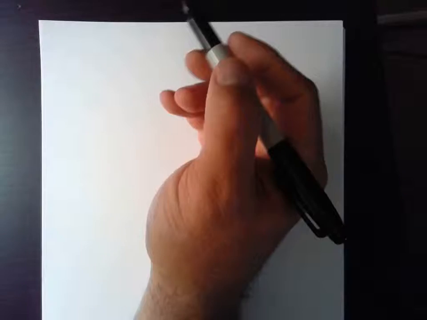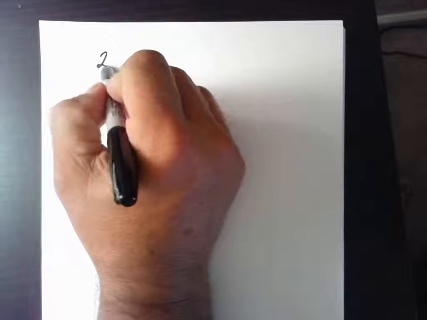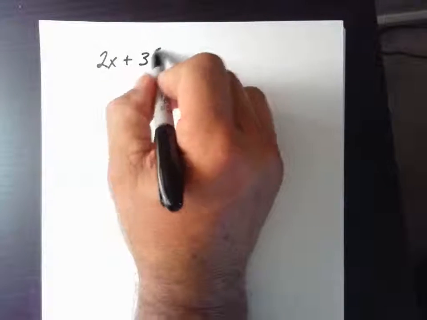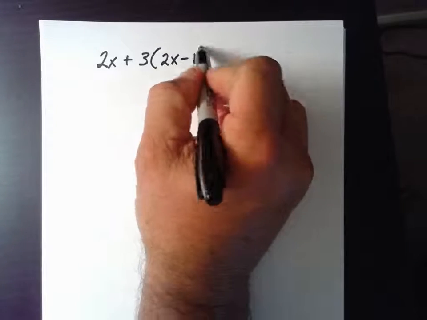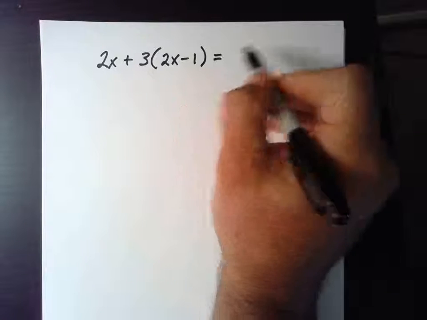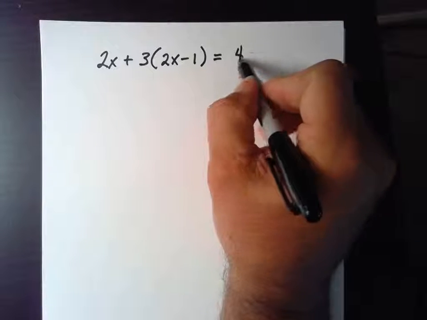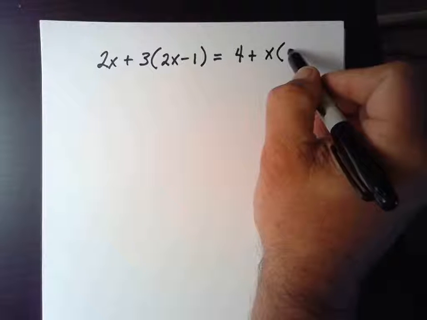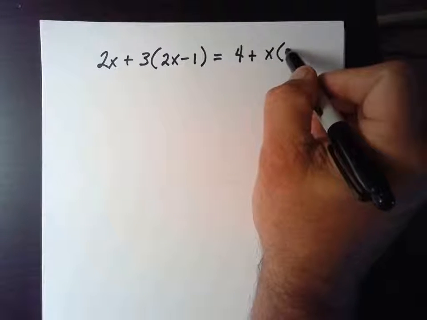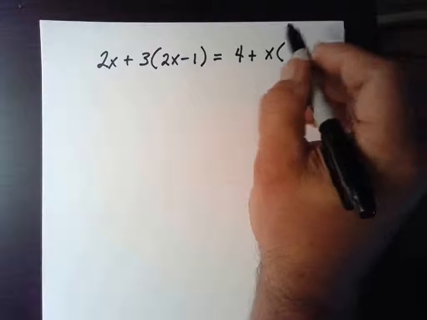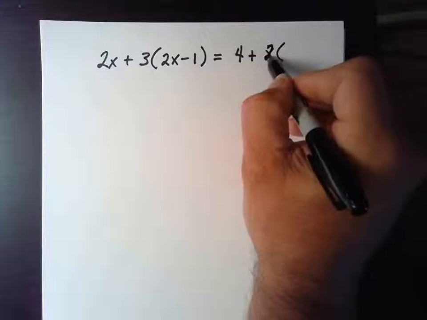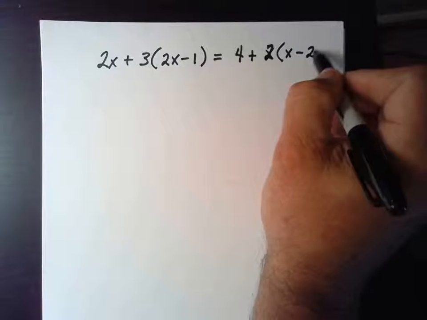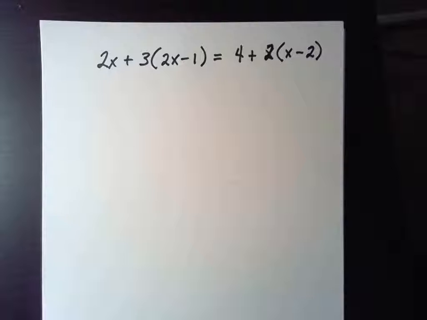Let's say that we have the following. 2x plus 3 times 2x minus 1 is equal to 4 plus x times 2 times x minus 2, and we'll leave it at that.